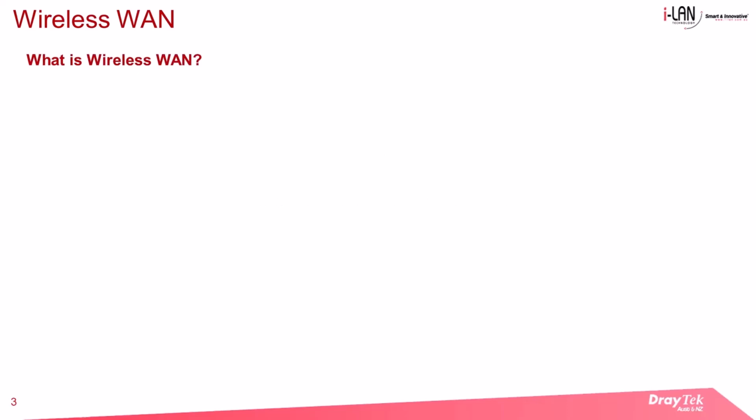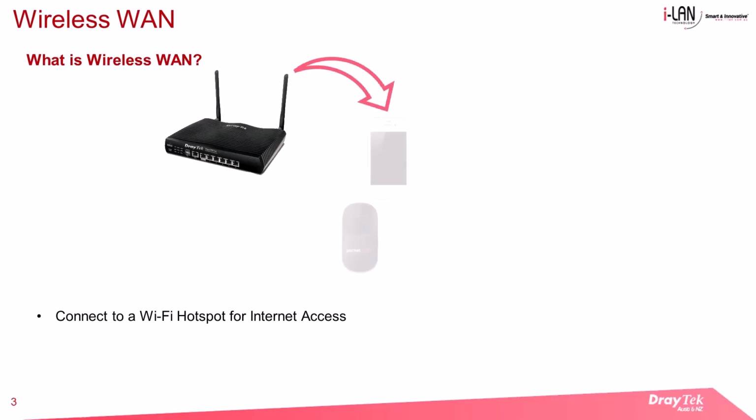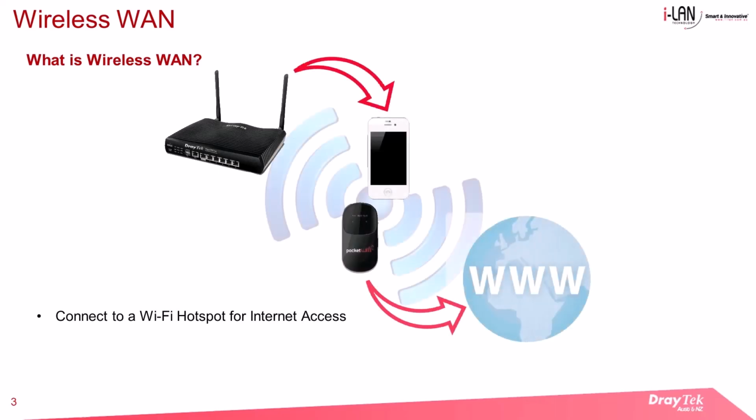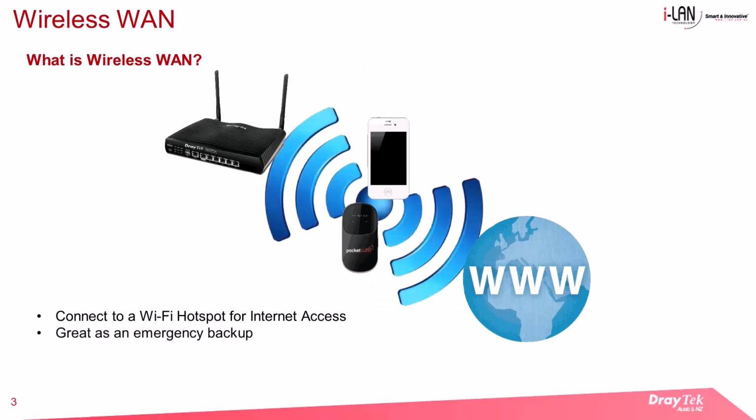What is wireless WAN? One of the router's most valuable features is its capability to connect to a wireless hotspot and grant internet access. This is especially beneficial during emergencies when the primary internet connection is unavailable. The router can be wirelessly connected to a Wi-Fi source using its wireless WAN features.